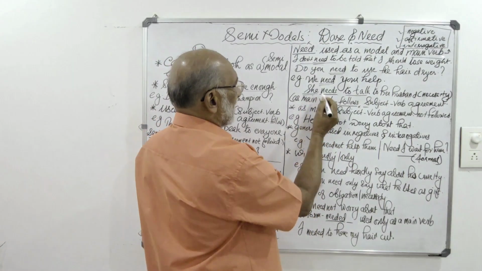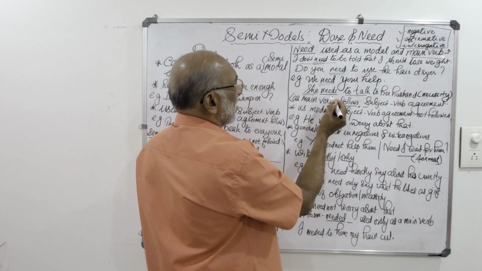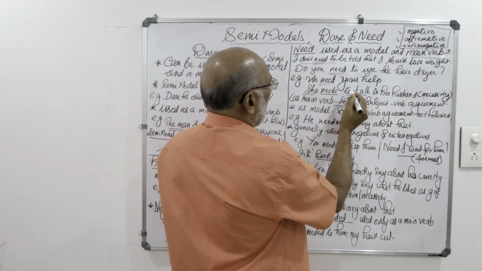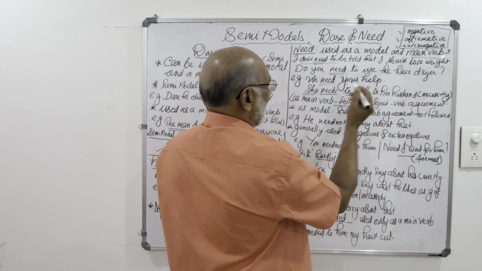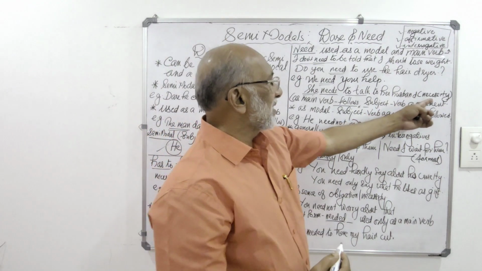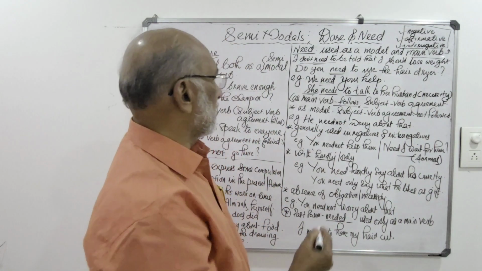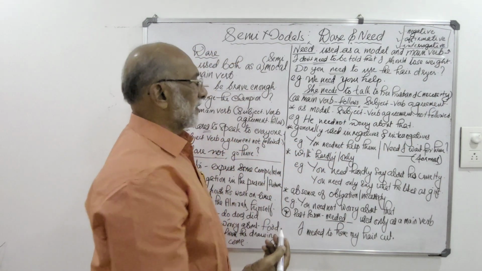See, she, third person singular, needs to talk, and the structure is needs plus to plus bare infinitive, and it expresses a kind of necessity. So it's used as the main verb and follows the subject-verb agreement.